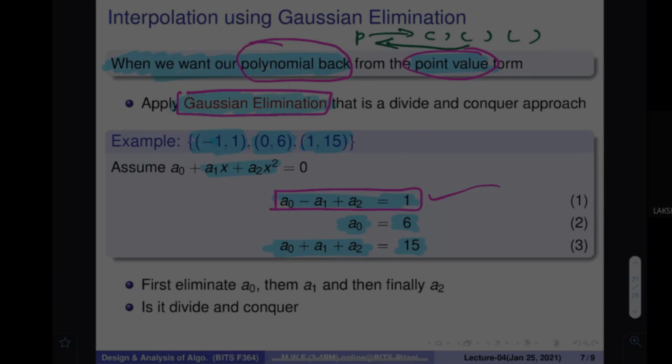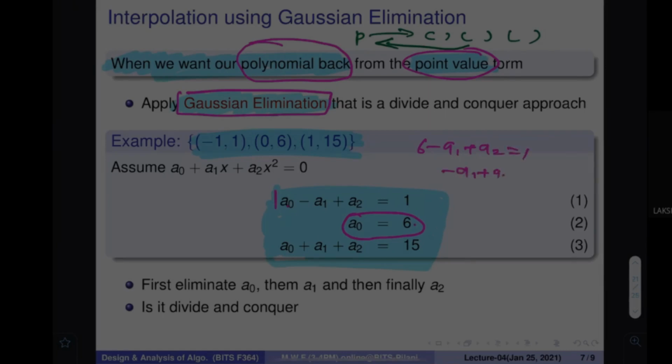So now the trick comes. The trick says that first you use these point value representations to make this particular problem instance. So you can write linear equations, and from these linear equations you can eliminate one expression. Here you can see that directly the value of a0 is available to me, so I can put the a0 over here. So 6 minus a1 plus a2 is equal to 1, means minus a1 plus a2 is equal to minus 5.